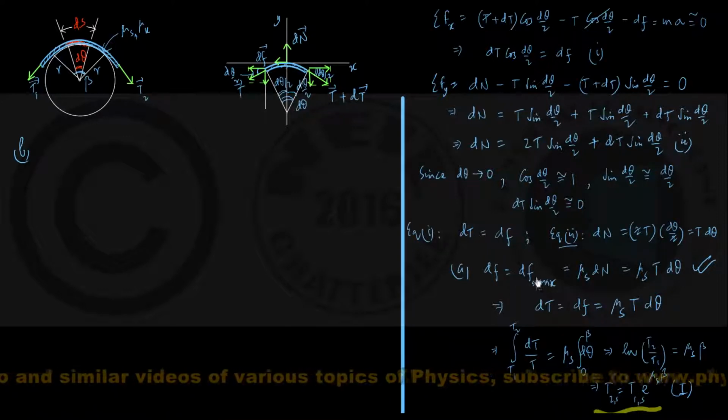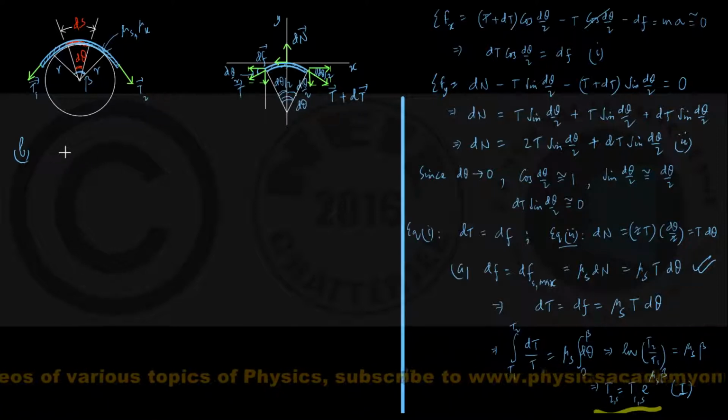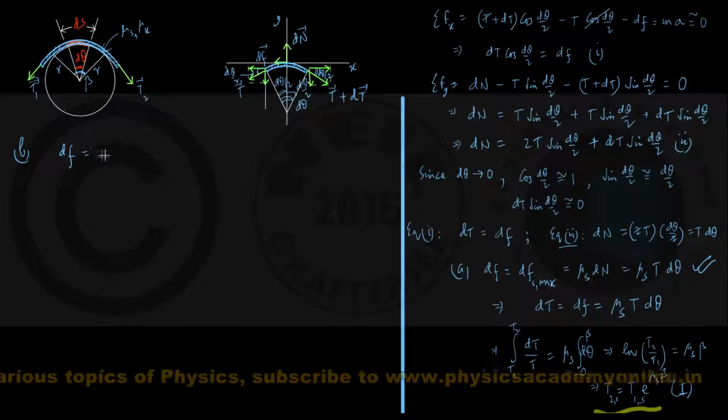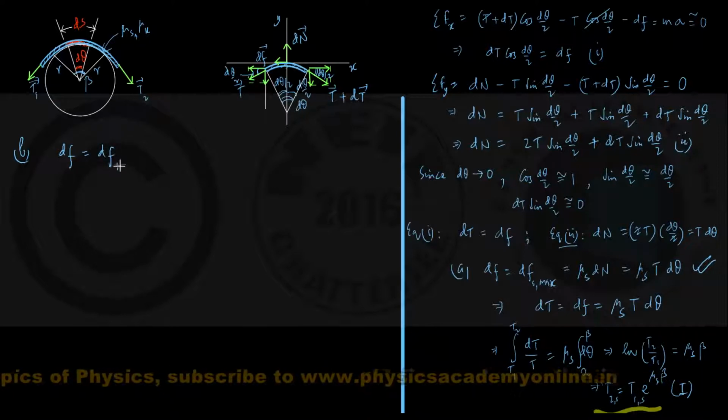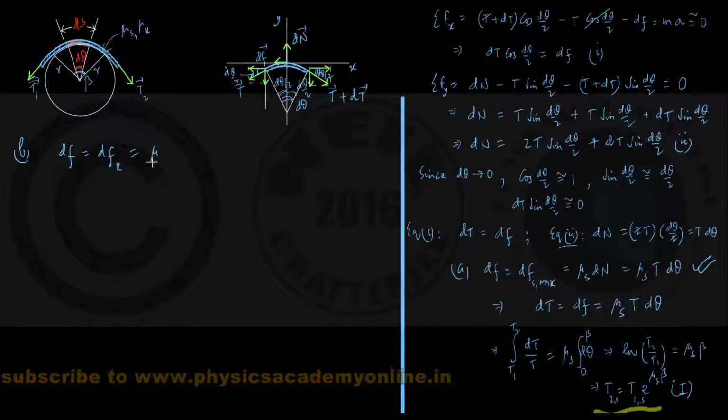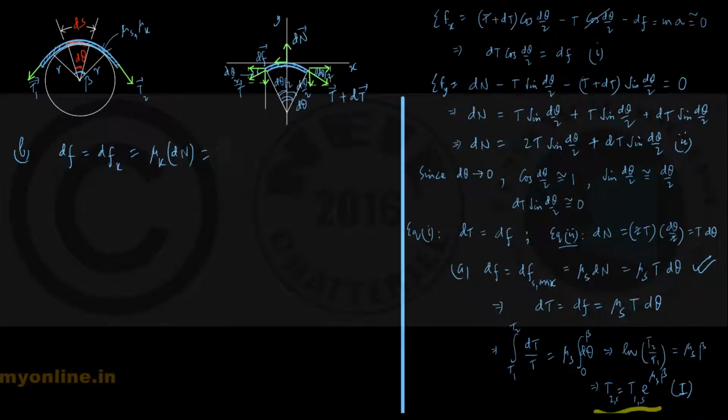So I modify this equation to write down, in case of actual slip, that dF now becomes equal to the force of kinetic friction, that is equal to the kinetic frictional coefficient mu k into the normal force, that is dN, which is giving me mu k into T into d theta.